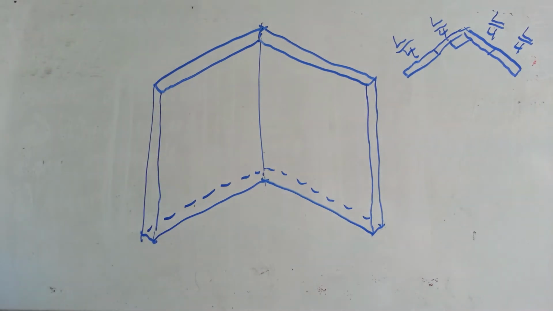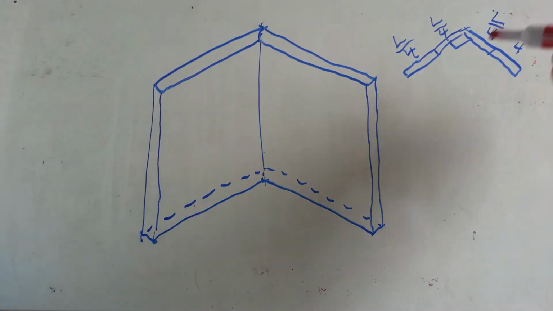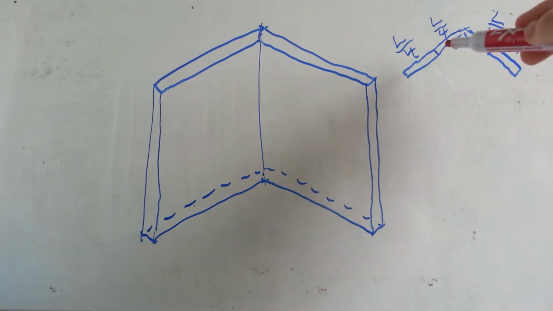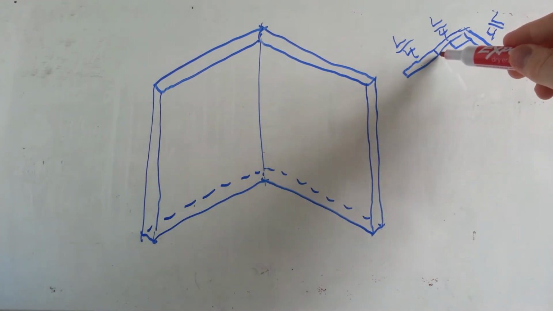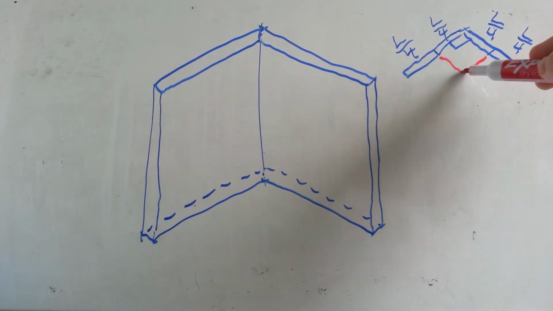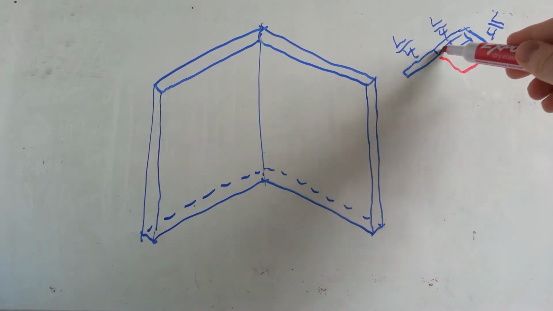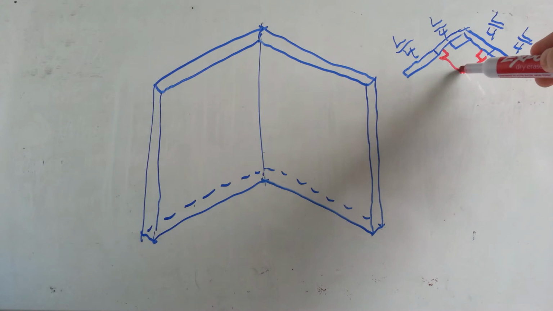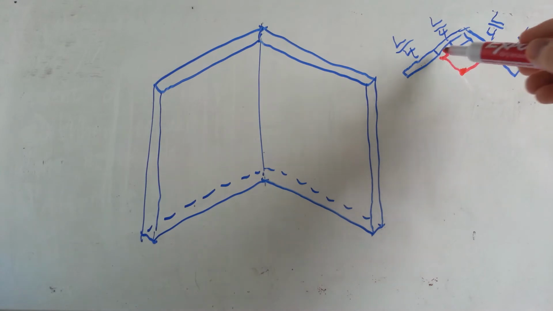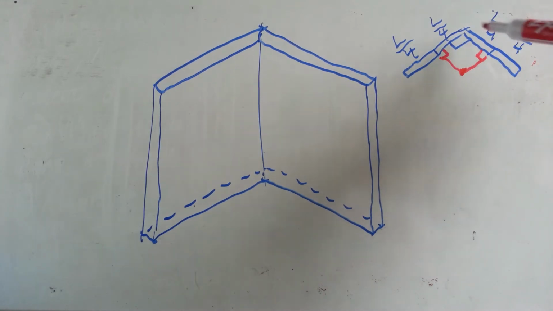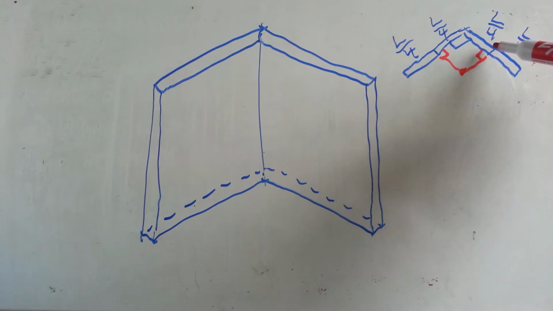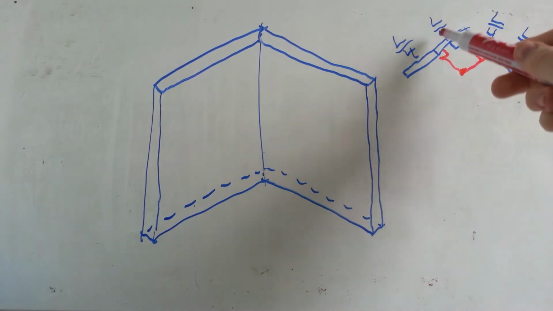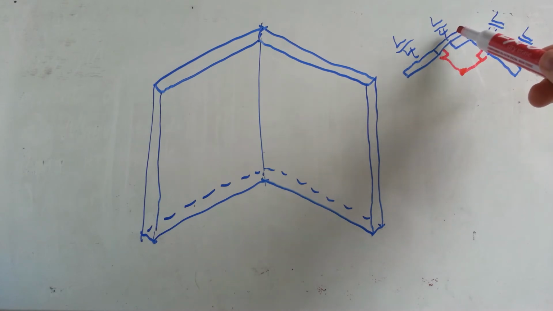Okay. Well, we know this is 90 degrees. So if I draw a line out from here, and I draw a line out from here, and that's 90, and that's 90, then we know that this point is L over 4 away from the center of mass of each one. Think about that for a minute if that's confusing you. Because this is L over 4, this is 90 degrees, this is 90 degrees.